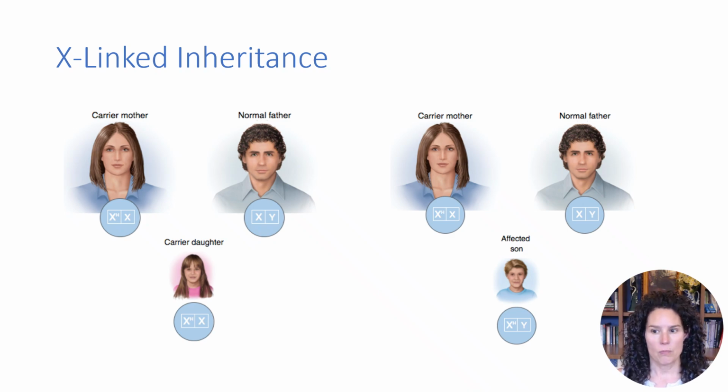Because it's usually recessive, and so the dominant X from her father is going to override it. But if we have a carrier mother and a normal biological father, and the child inherits the recessive gene from the biological mother on his X, now he doesn't have anything to cancel that out on his Y, and he is going to be affected.